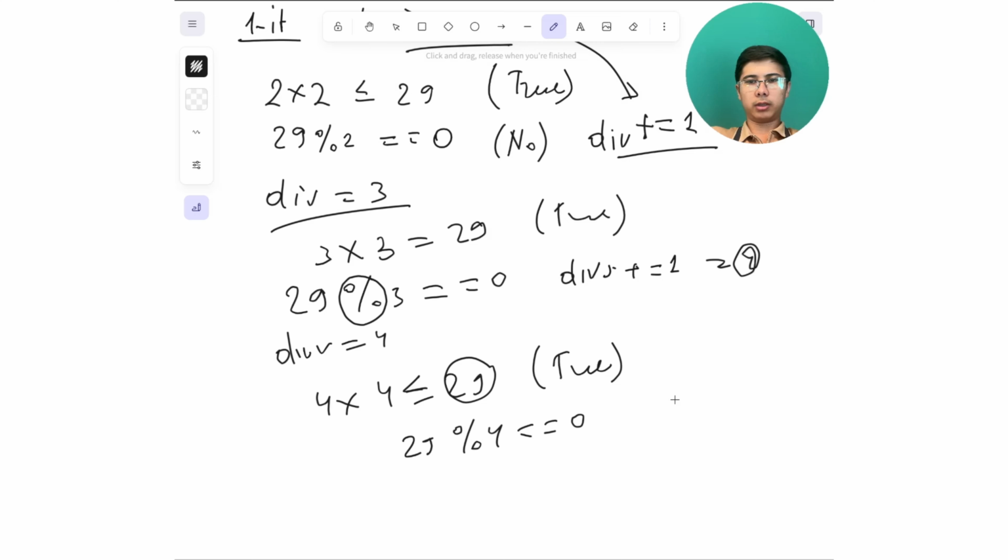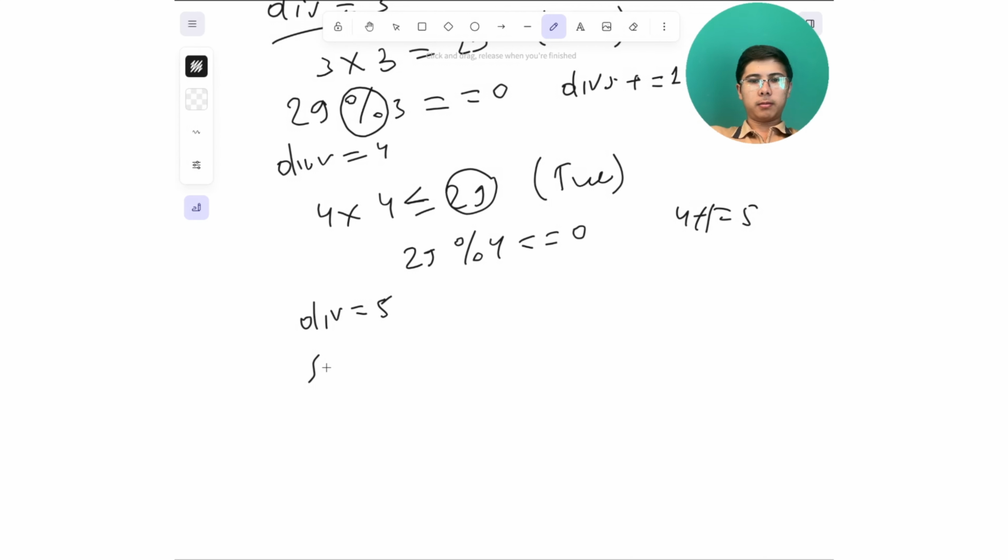Again it increases, 4 plus 1, which is 5, and the divisor equals 5. Again 5 multiplied by 5 is 25, still less than 29, and 29 modulo 5 equals 0?